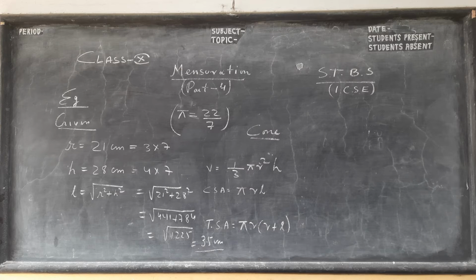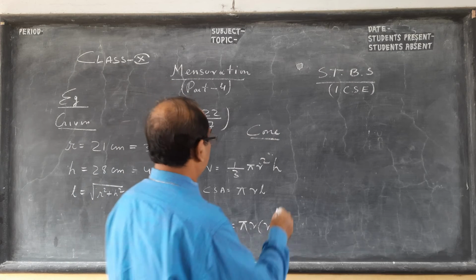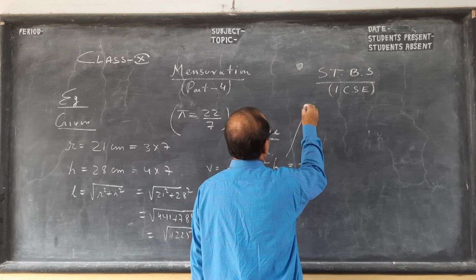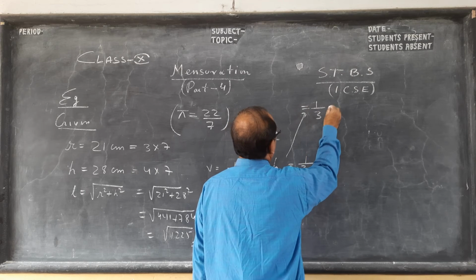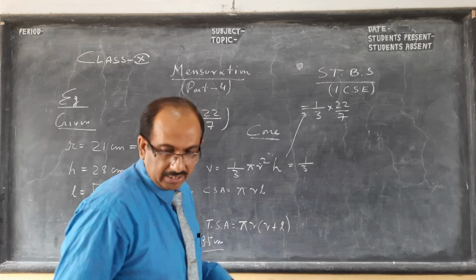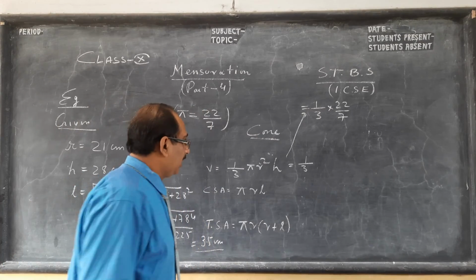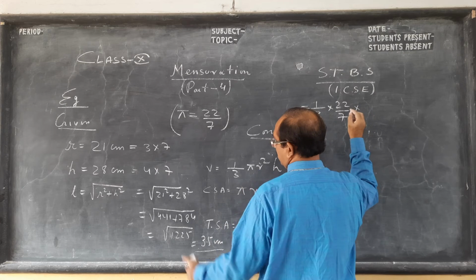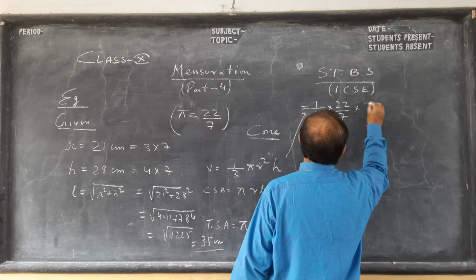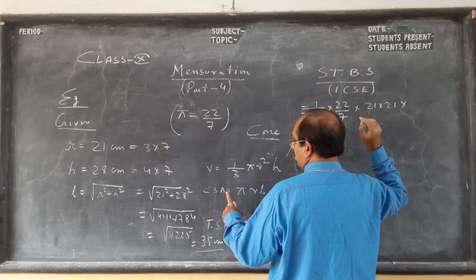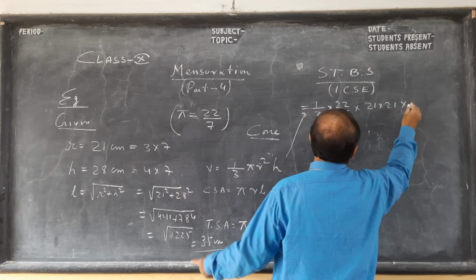So here we go and calculate the volume. 1 by 3 pi r square h. 1 by 3 pi, r square, r is 21, so 21 into 21 into h, height is 28.